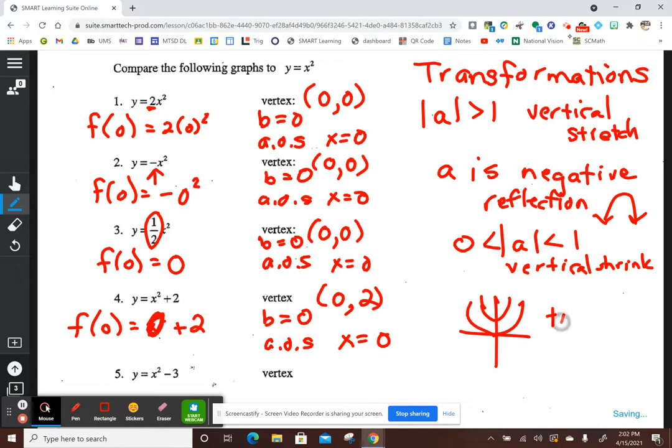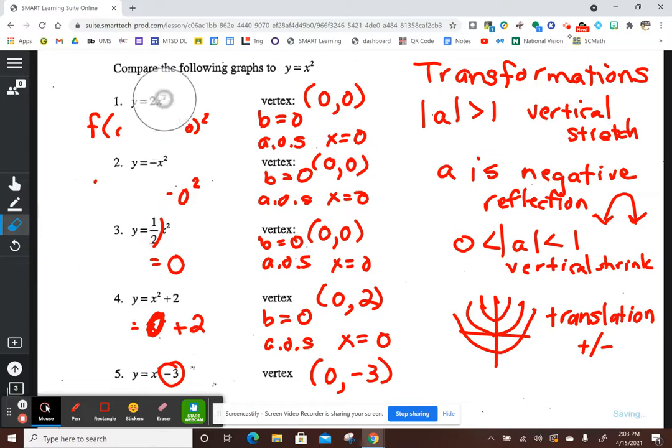So that is a translation up 2. Now, we shouldn't be surprised that it translated because translations usually occur when we add or subtract. And if we look at number 5, we're subtracting. So our vertex is 0, negative 3, and it would look something like that. So number 5 is also a translation.